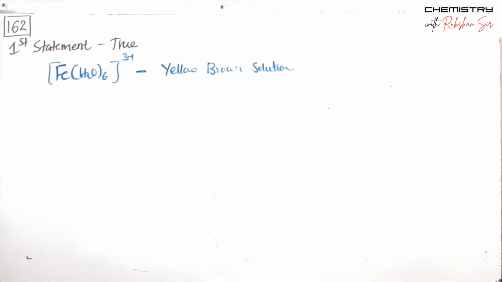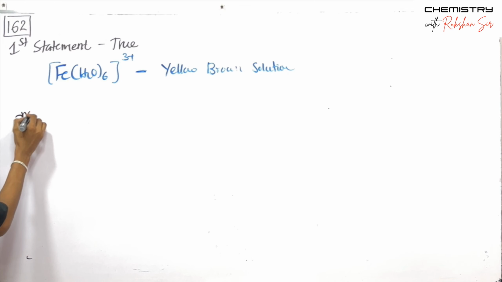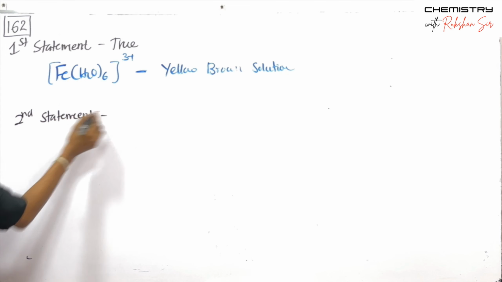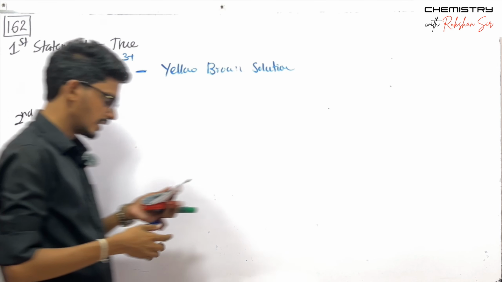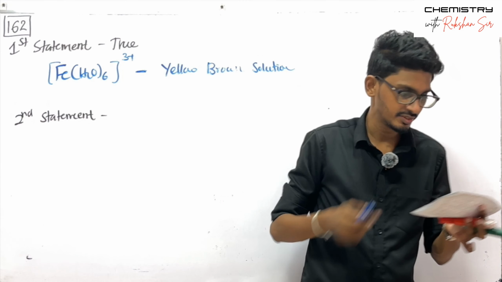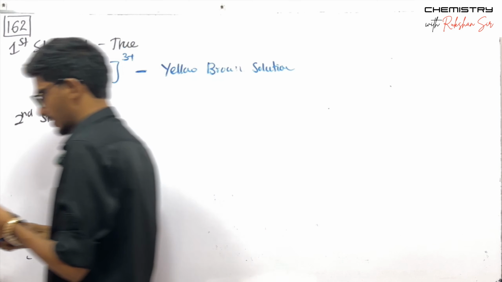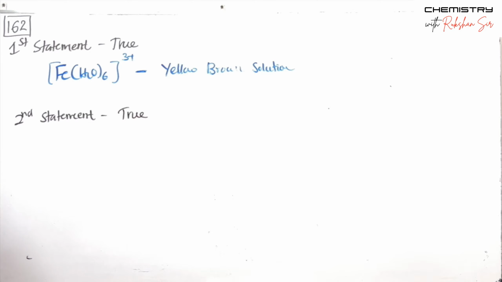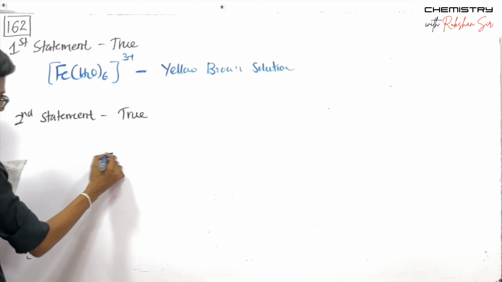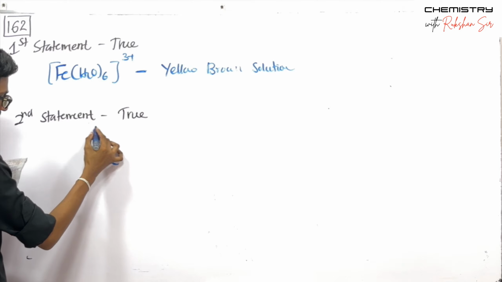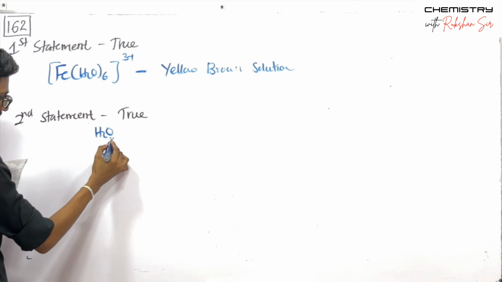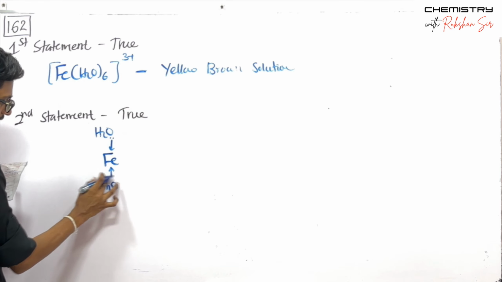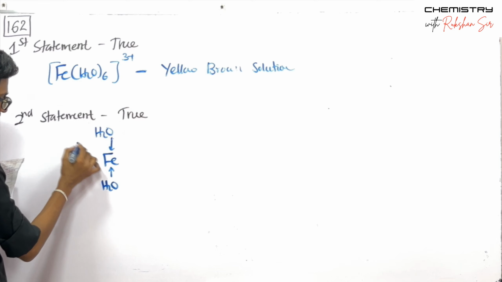The second statement, let's see. The geometry of the aqua complex of Fe3 plus is octahedral. Yes, that is true. The Fe aqua complex, right? That looks like this. Fe(H2O)6, no? If the coordination number is 6, definitely octahedral.